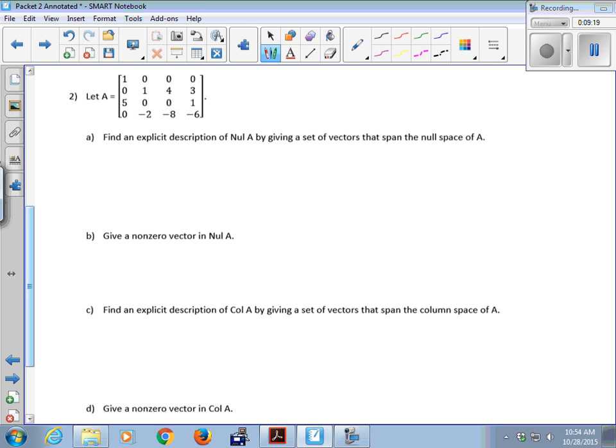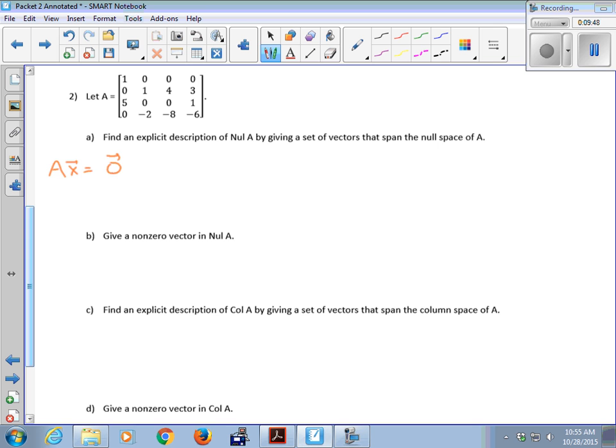So I want to write out all the vectors that get sent to the 0 vector. So for Ax equals 0, I want to know all the x's that do that. So all I'm going to do is augment this matrix with some zeros and solve for the x's, because those are the x's that are in the null space.